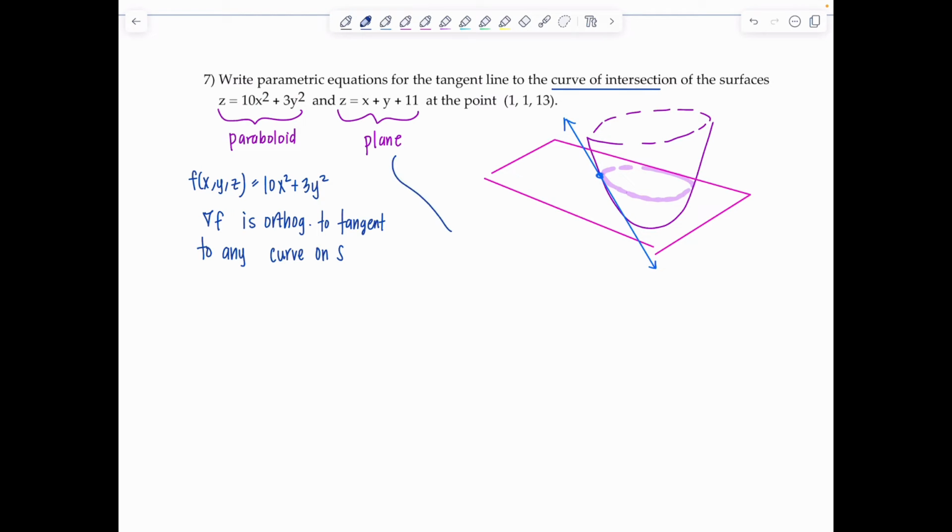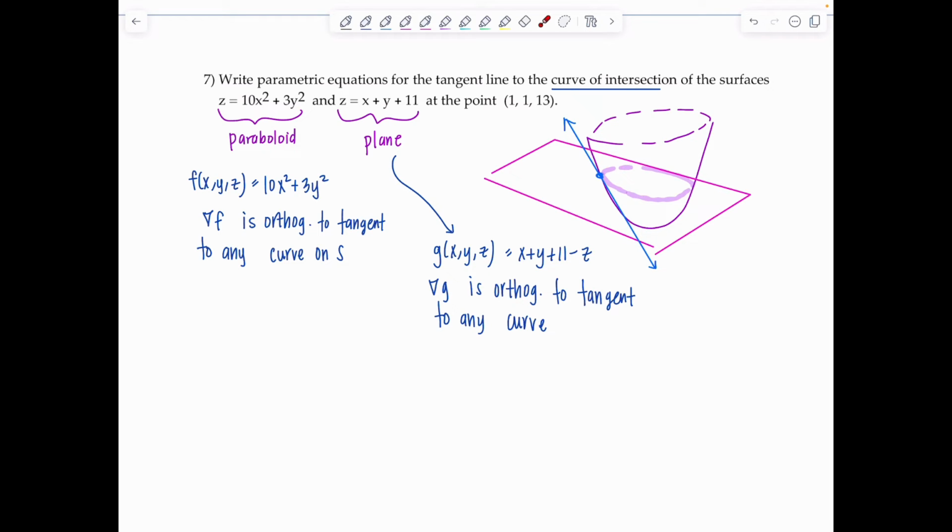Similarly, if I call the plane's equation g of x, y, z, that's x plus y plus 11 minus z. Again, the gradient of g is going to be orthogonal to the tangent to any curve.